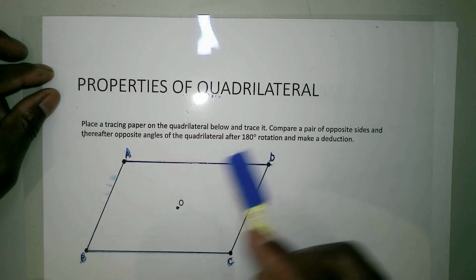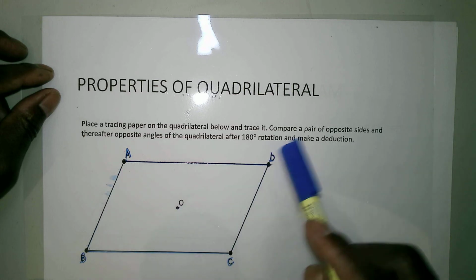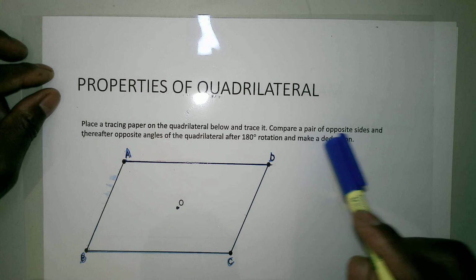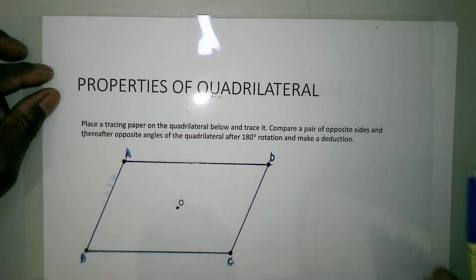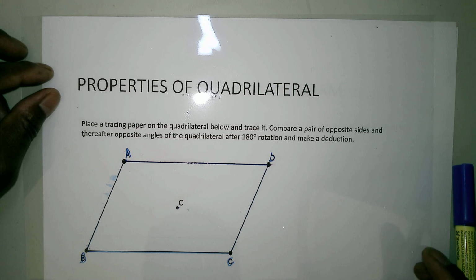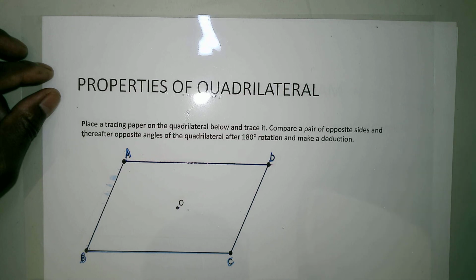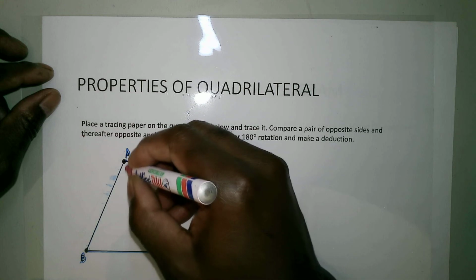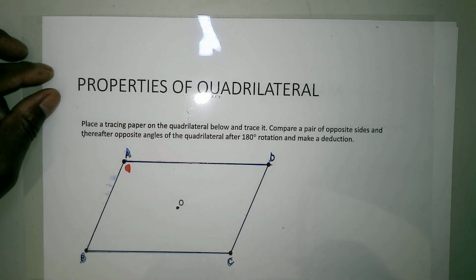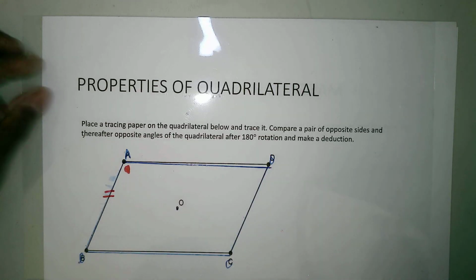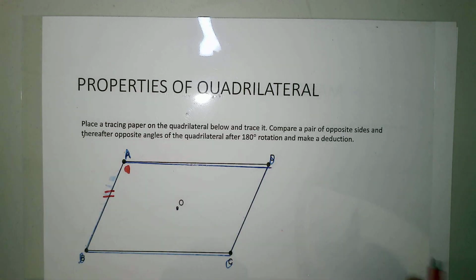Compare opposite sides and thereafter opposite angles of the quadrilateral after 180 degrees rotation. So what I'm going to do is mark this angle and this side on paper.